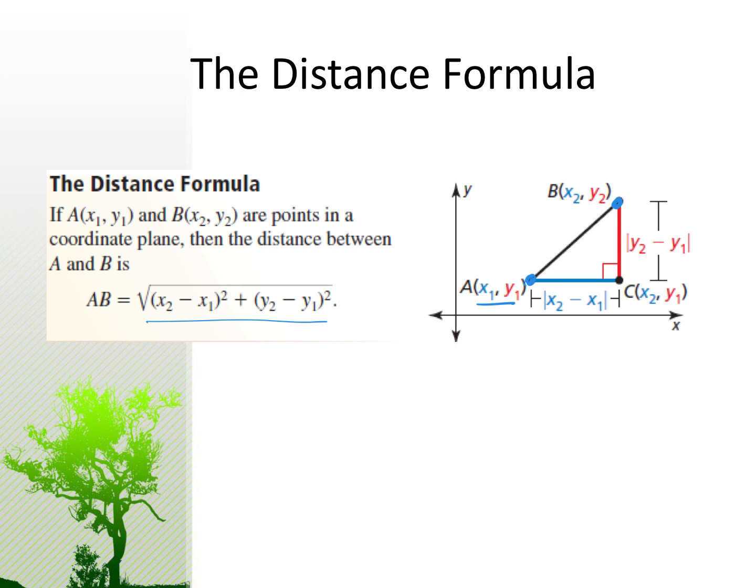So notice the formula is basically saying the length of segment AB is equal to the square root of, and then notice here, x2 minus x1 squared plus y2 minus y1 squared. Well, x2 minus x1 is the change in x. What was the difference from one x to the other? Same thing here. What is the difference from one y to the other? And then you're going to square that difference.